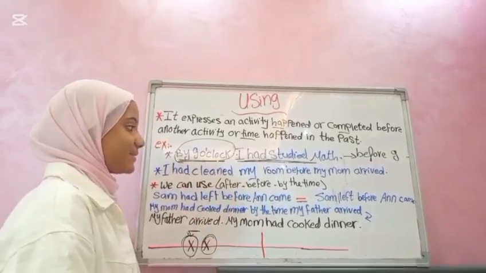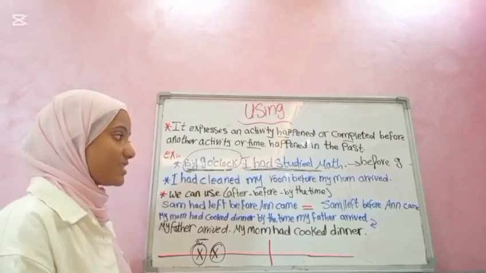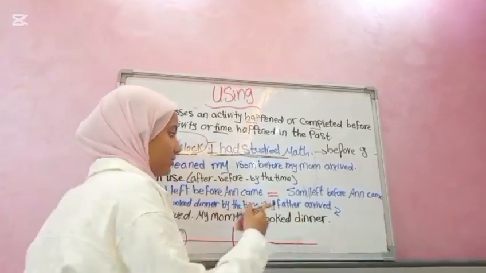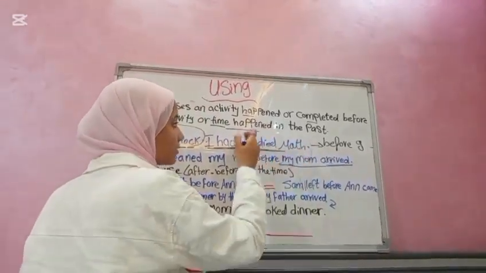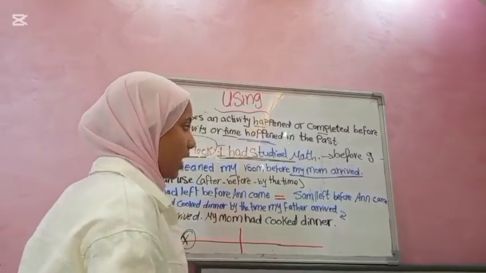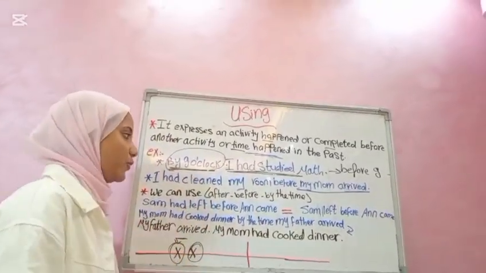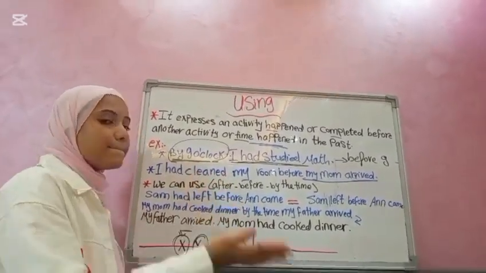I had cleaned my room before my mom arrived. The first action happened in the past. My mom arrived and ordered me to clean my room. I finished cleaning my room before my mom arrived.